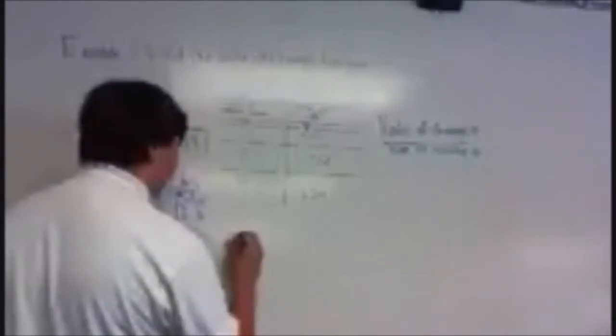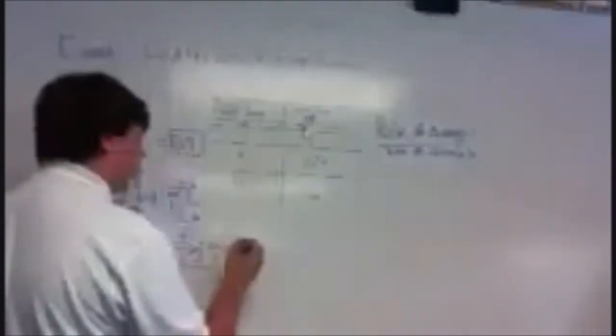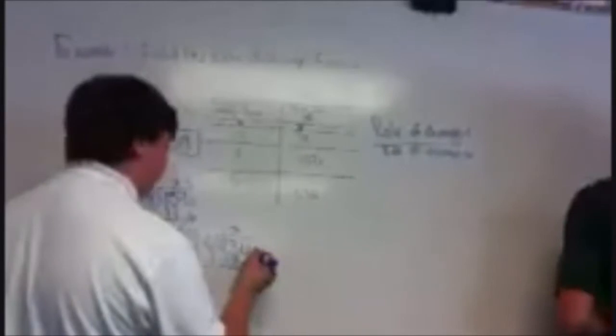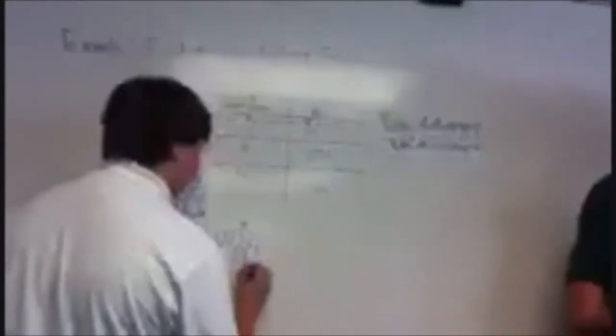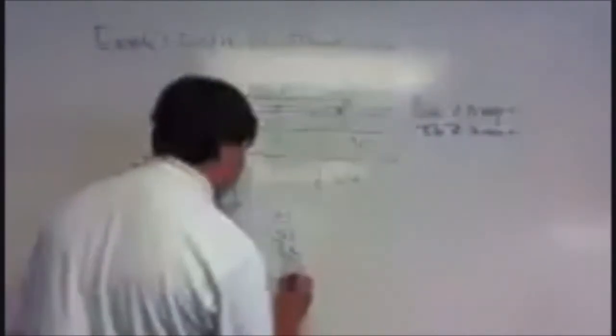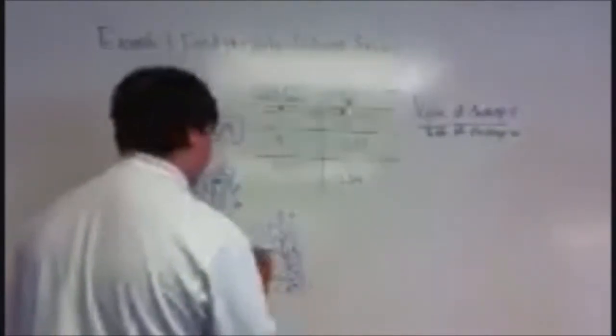Next is 234 divided by 6. 6 goes into 23 3 times, 18. That's going to give you 23 minus 18 is 5. And bring down the 4, you get 54. And now 9 times 6 is 54, so that equals 0.